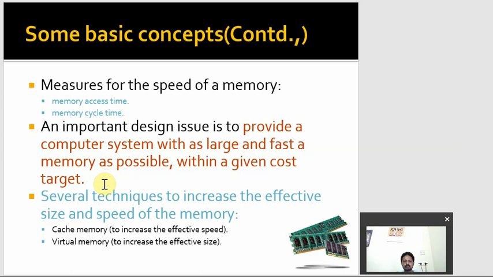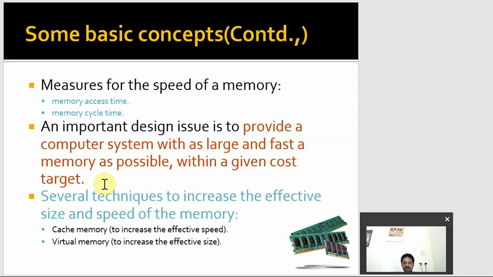To speed up these things, there are several techniques to increase the effective size and speed of the memory. Whenever you take the main memory and secondary memory, these two memories have some variation of speed, and at that time the speed is going to decrease.